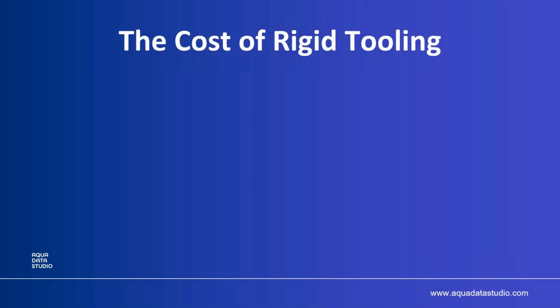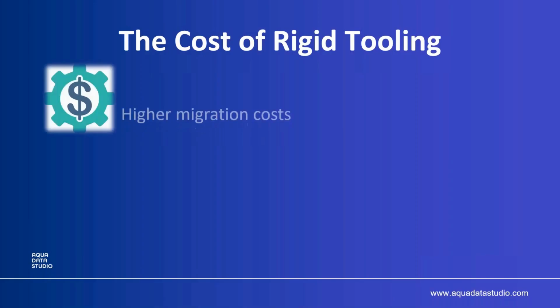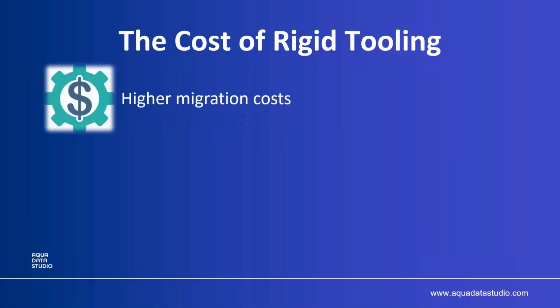So let's talk about the true cost of rigid tooling. And the biggest thing to emphasize is that the cost is not the license price. It is everything that happens around the tool. Rigid tools increase migration costs because you cannot easily shift away from them.